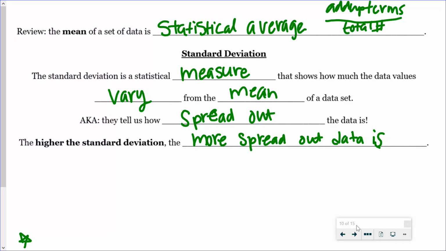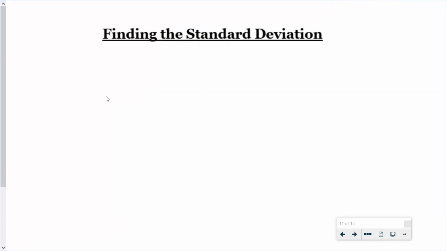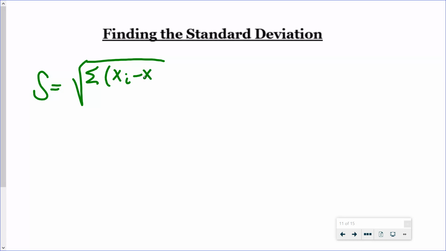So what is a standard deviation? Well, when we find the standard deviation, we have this equation that says the standard deviation is equal to the square root of the sum, that little sign says sum, and I'll make a note of that in a second, of the x terms, or the terms of our information, minus the mean squared over the number of terms we have minus 1. Whew, that's a lot of things.